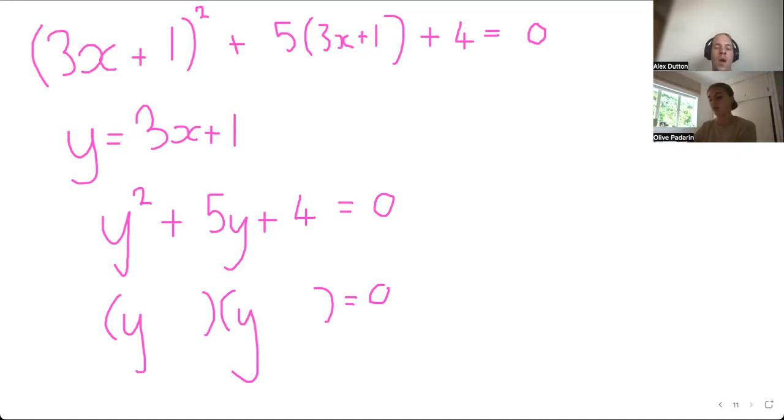Y plus 4 and y plus 1. Exactly. So now we know that y is either negative 4 or negative 1.